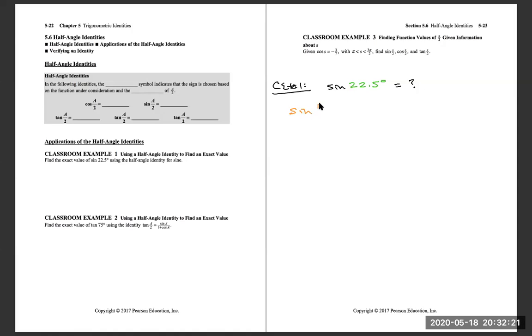Use your formula. So you have sine a over 2 is equal to plus minus the square root of 1 minus cosine a, extend that square root, over 2.